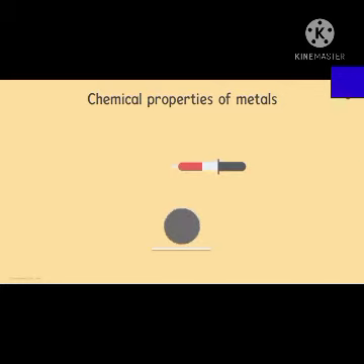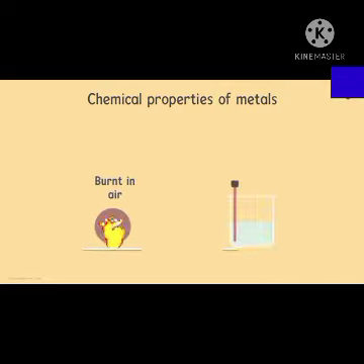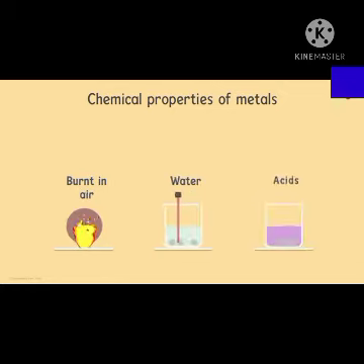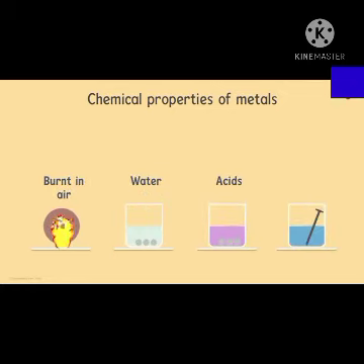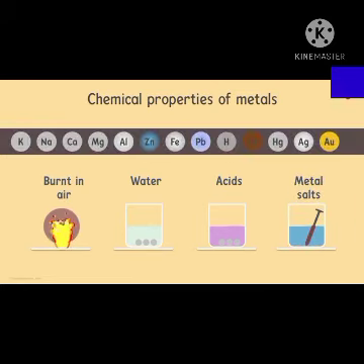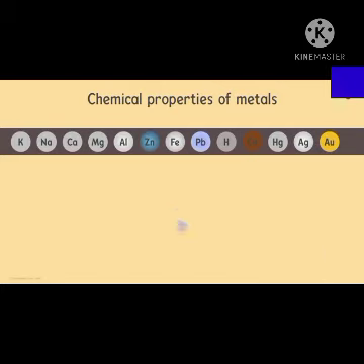We will see what happens when metals burn in air or in the presence of oxygen, when metals react with water, when metals react with acid, and lastly when metals react with solutions of other metal salts. Now, in all these four categories, there is just one simple thing we will do. We will look at how reactive the metals are.